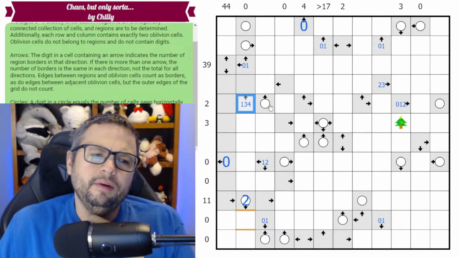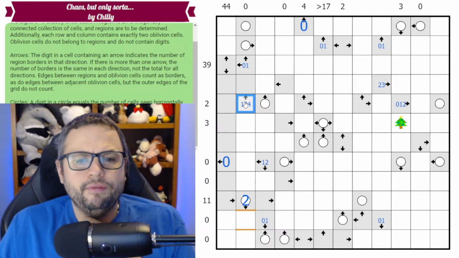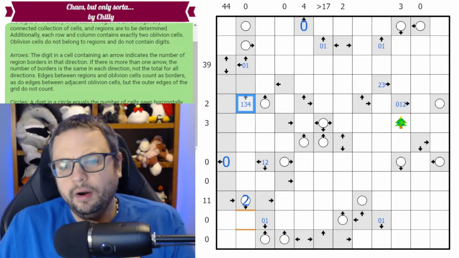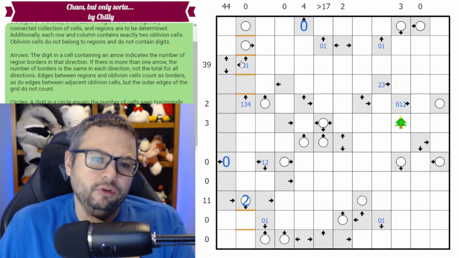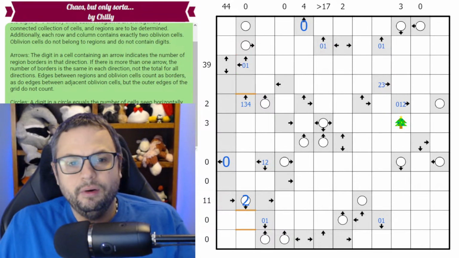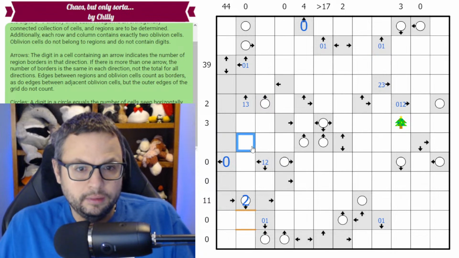Okay. So I agree with Michael. This cell can't be a 4 because if this were a 4, it would force that, which would make this cell a 2, which it can't be. So that is very clever. So that's not a 4.